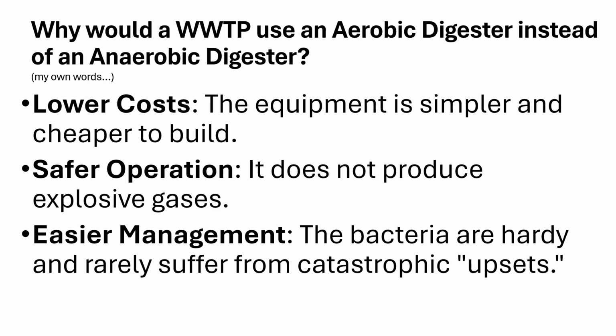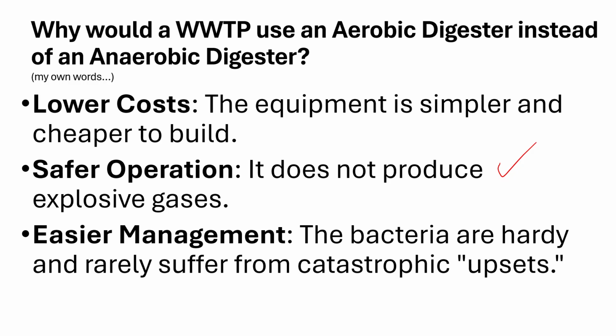Since we don't produce explosive gases, it's a lot safer to operate. And the bacteria we're going to use, we're going to learn a little bit more about them in the lagoons chapter and the activated sludge chapter. Although we can have upsets, it's rare because those bacteria and microbes are pretty hardy.